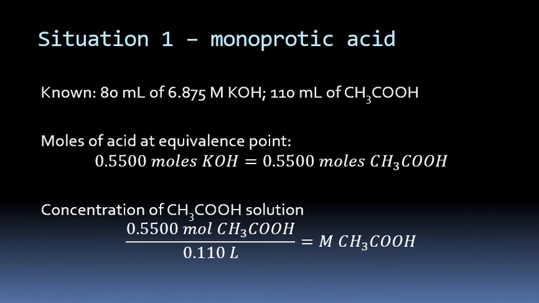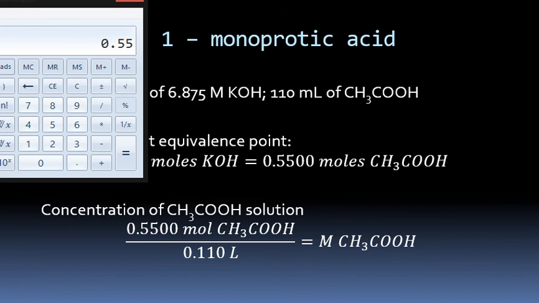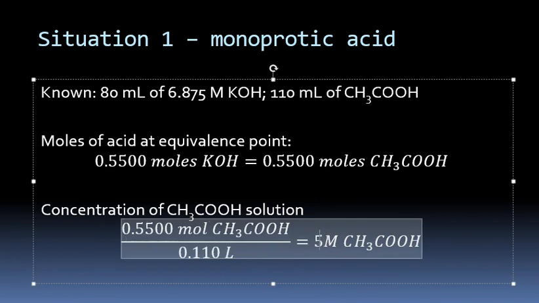Therefore, moving on, if we now know the amount of moles of acid we started out with, which was 0.55 moles of acetic acid, and we know that the original volume of just the acid was 110 milliliters, then to calculate the concentration, it would simply be our 0.55 moles of acetic acid divided by the 110 milliliters, or 0.110 liters, which would give us a value of 5 molar.